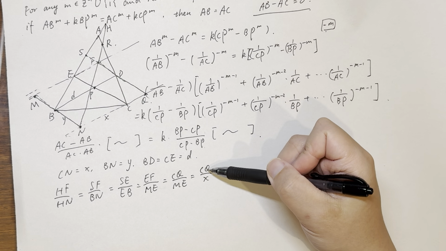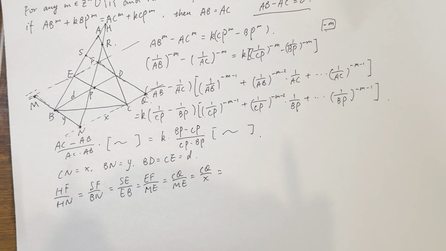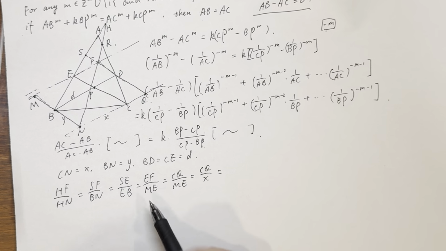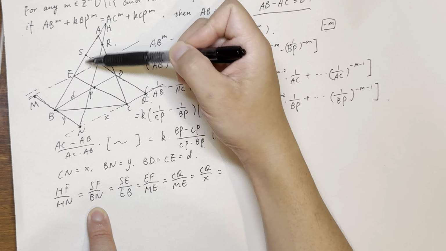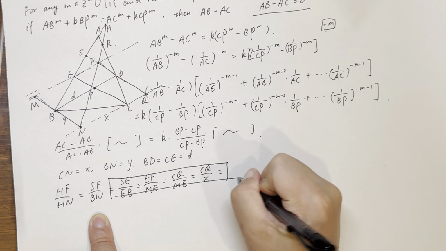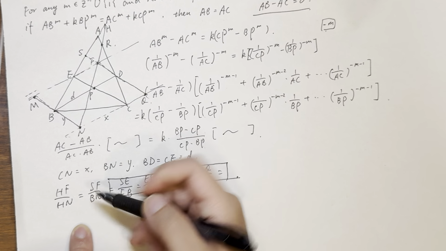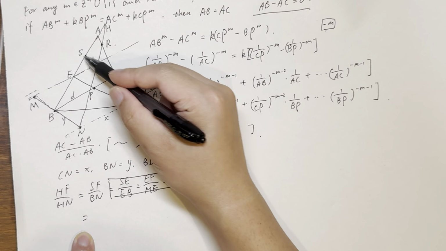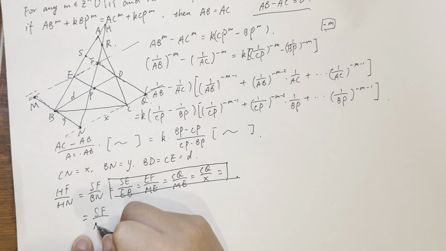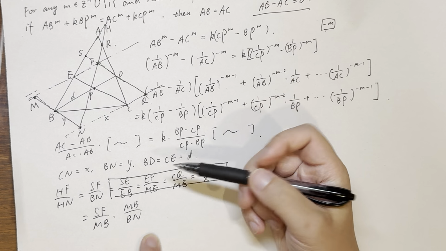And what is CQ? Let me see if I did something wrong. Oh, here, I did something wrong. SF to BN, yeah, let's rewrite this. I made a mistake here. SF to BN equals SF to MB times MB to BN, right?